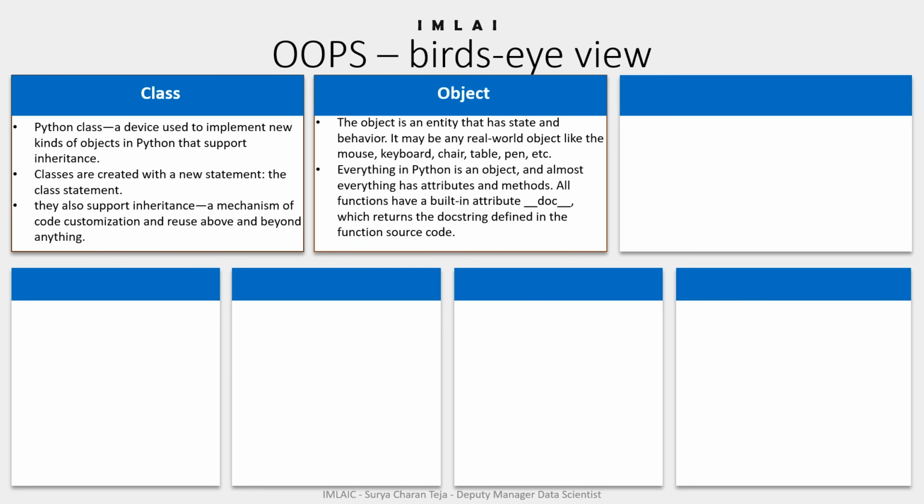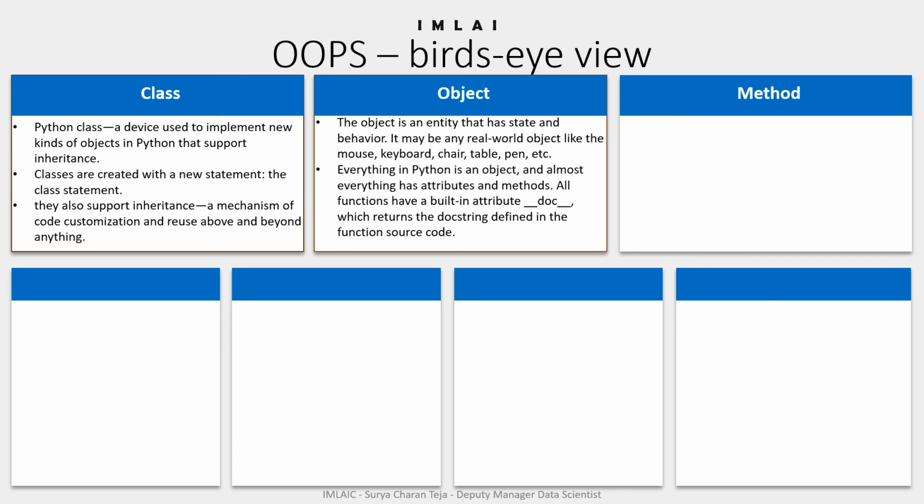Then just now we have said an object is the one which has state or attribute and behavior or method. Then what do you mean by a method or behavior?